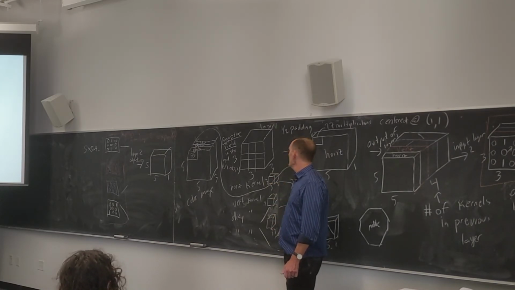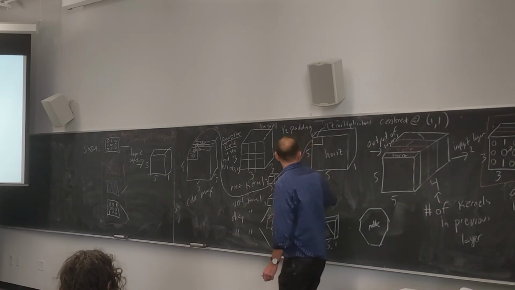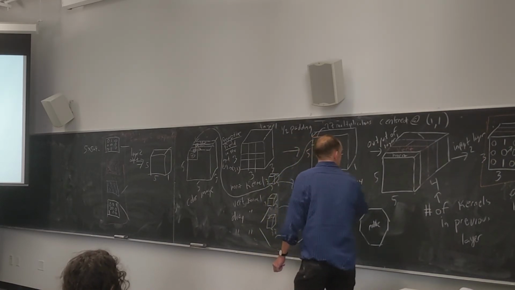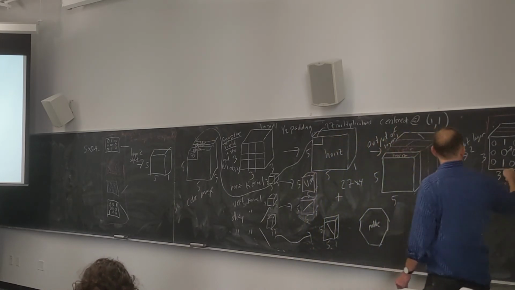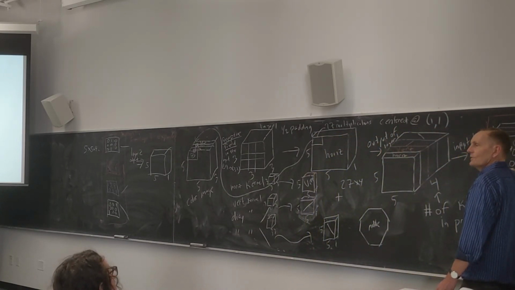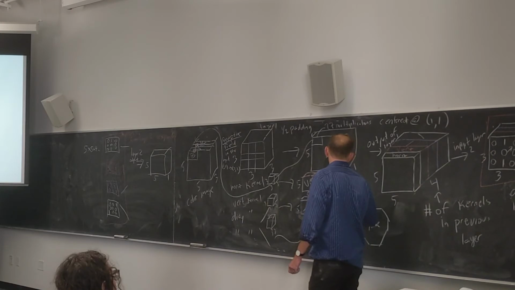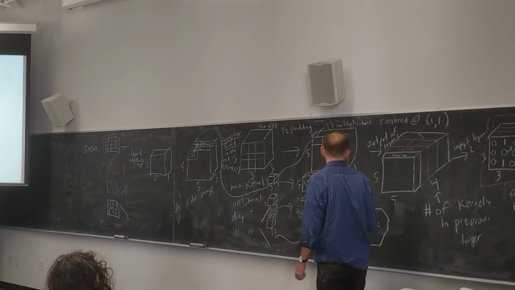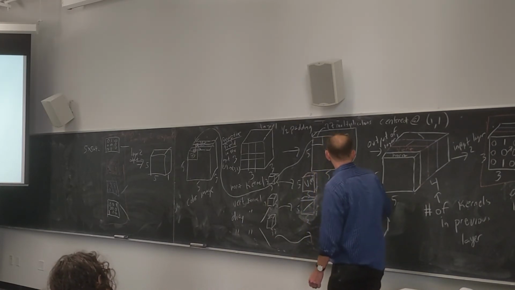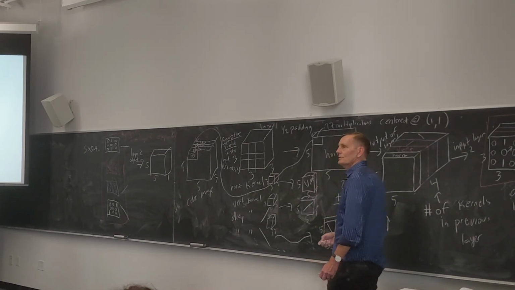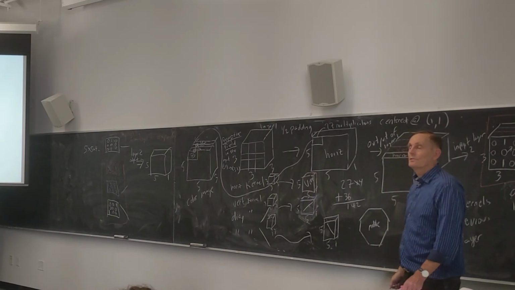So 27 times 4, let's just write that down, plus here, 3 by 3 by 4, which is 36. So we've got ourselves 108, 142, which is not a lot, right?